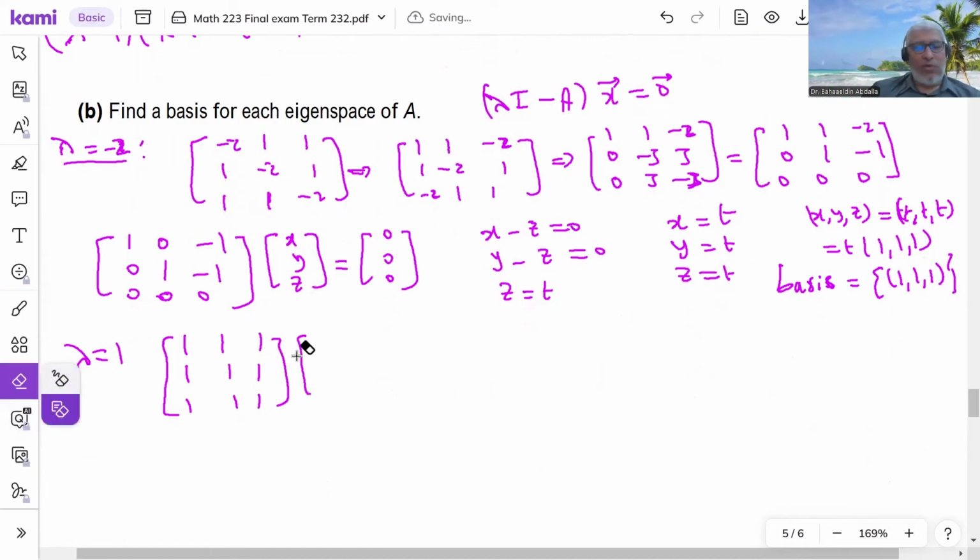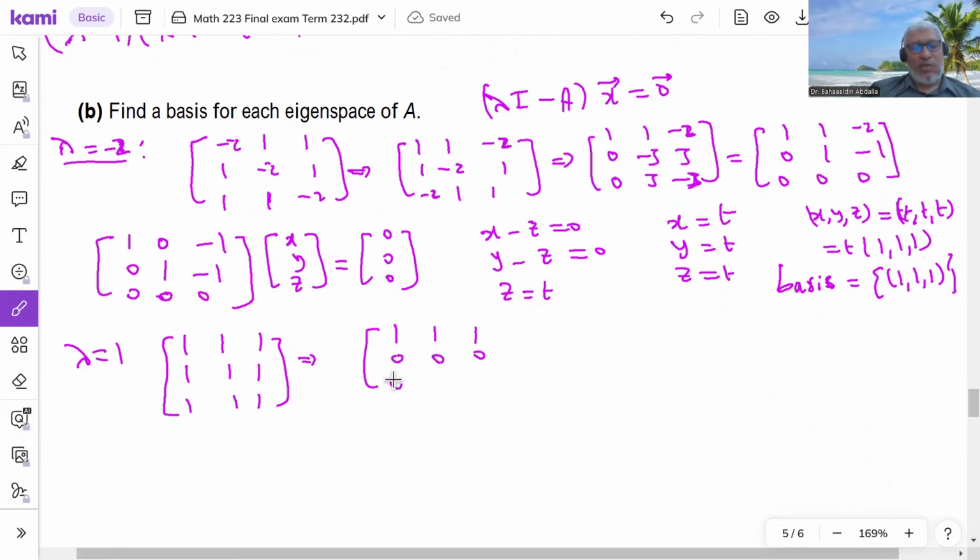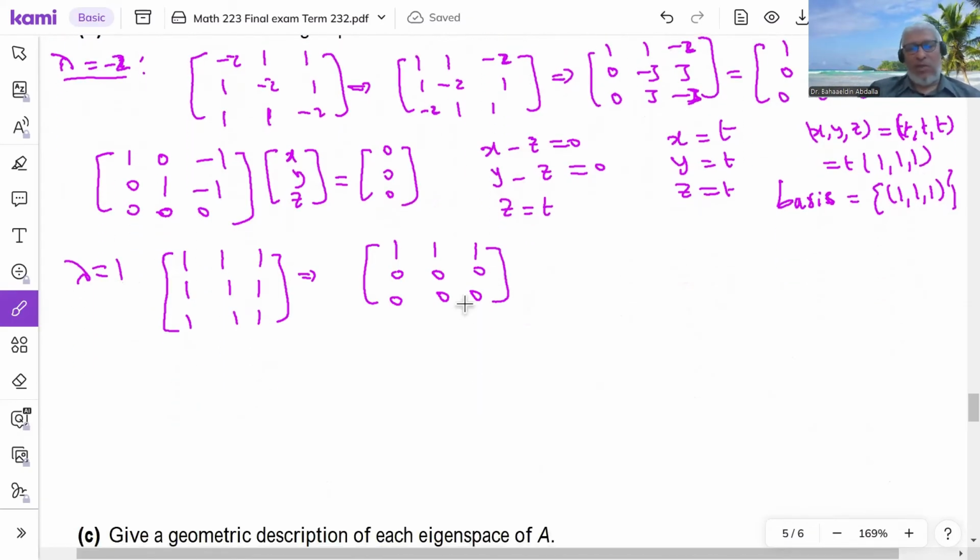And if you use Gauss and Jordan, the system will be 1, 1, 1, and zeros here, because negative R1 plus R2 and negative R1 plus R3. So times x, y, z equals zeros. So I'll have only one equation, x plus y plus z equals 0.